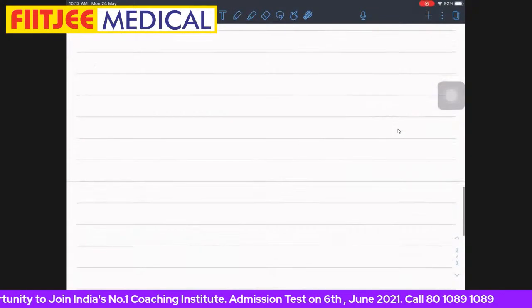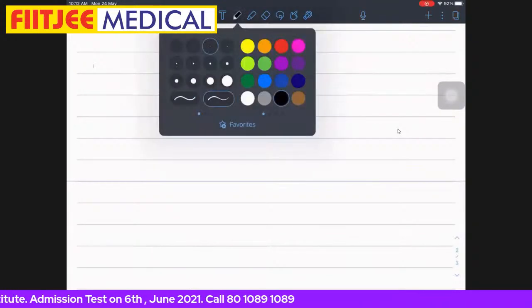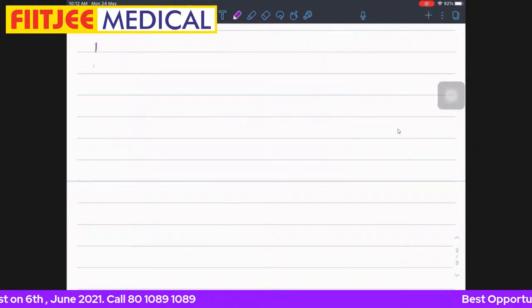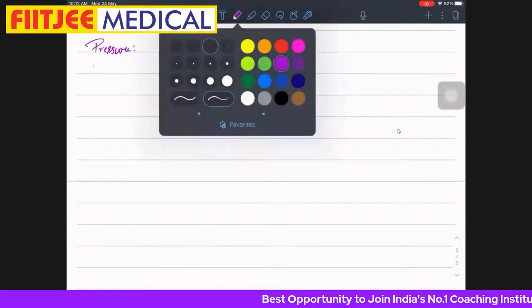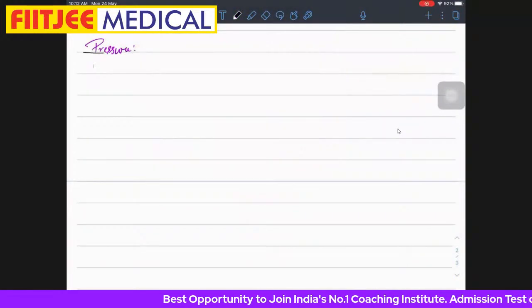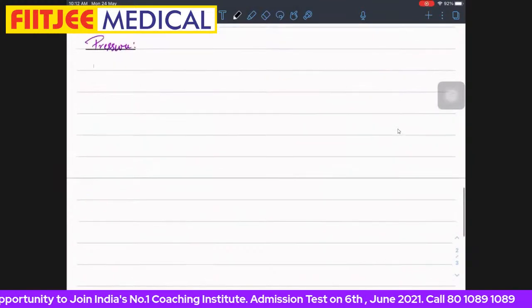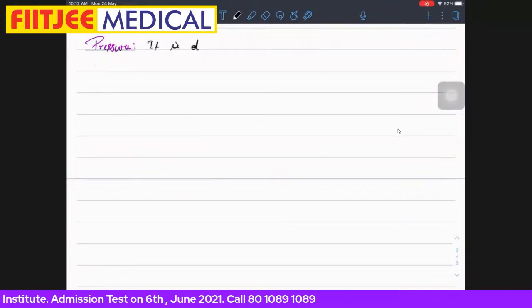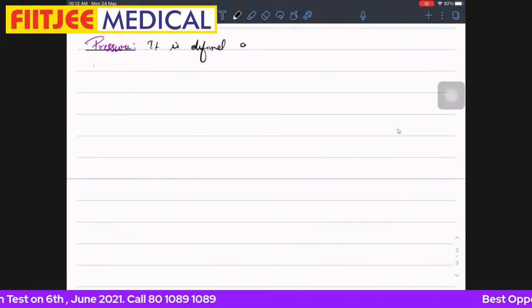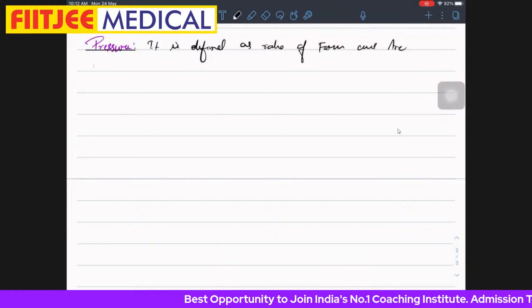So after density, we'll discuss pressure. So what is pressure? It is defined as the ratio of force and area.